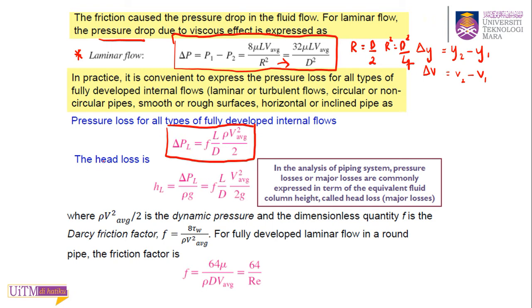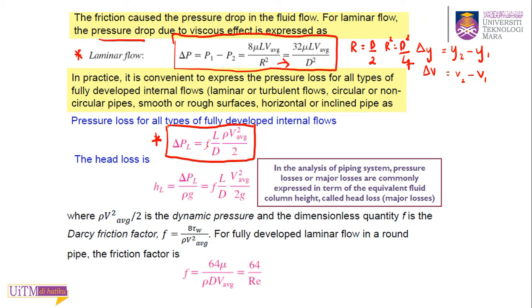For all types, regardless of laminar or turbulent or the geometry, we can use this equation. So this is the most important equation. The previous equation cannot be used for turbulent, but this one you can use for laminar or turbulent as well.